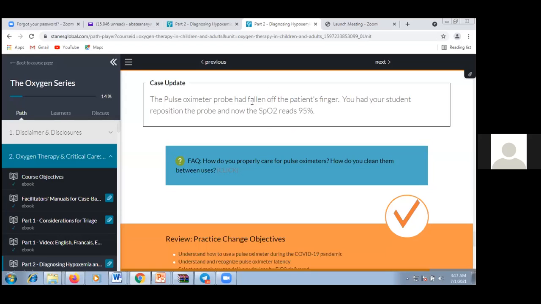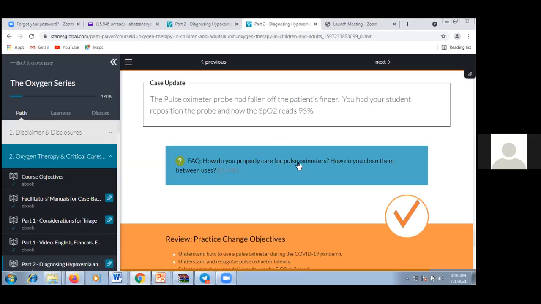Now, when we see the probe has fallen off the patient's finger, you have to think of how we properly care for the pulse oximeter. That includes preventing it from falling on the floor, since the probes are fragile and may get injured.